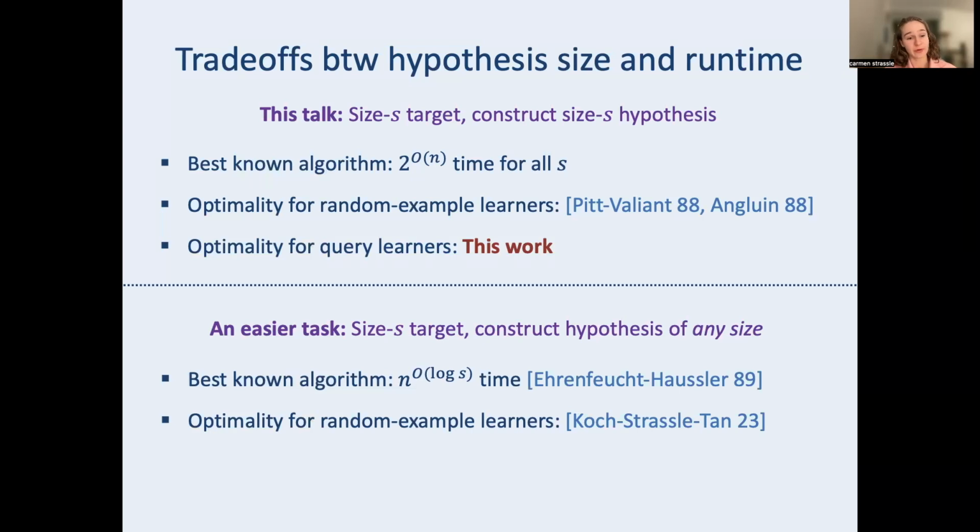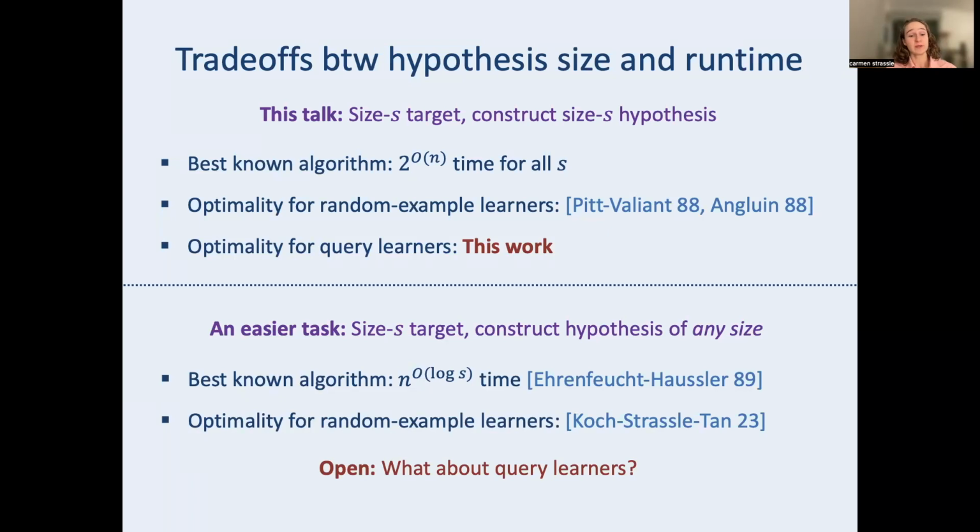And under a complexity conjecture, this algorithm, Ehrenfeucht and Haussler, is optimal for random example learners. And this is a paper from this year with actually these same co-authors, Caleb and Li Yang. So if you'd like to talk to me about that, I'm happy to talk about it offline.